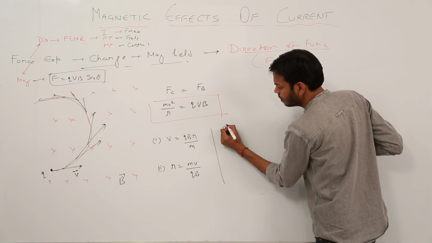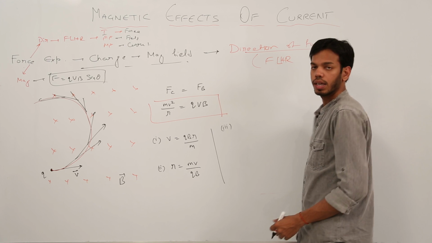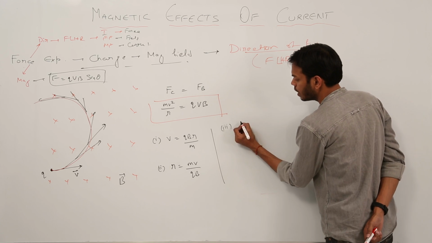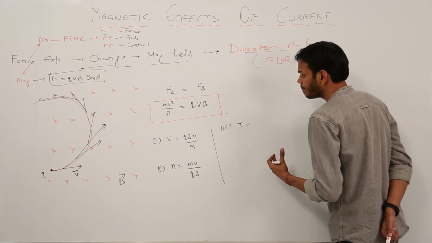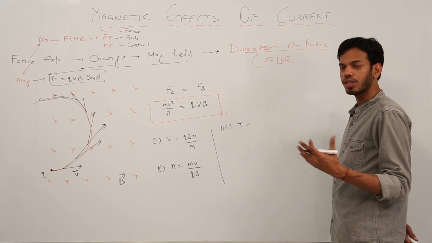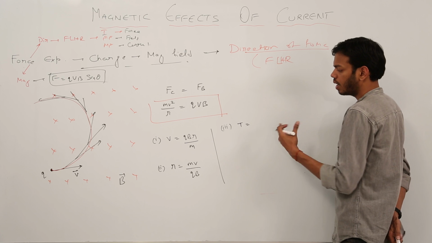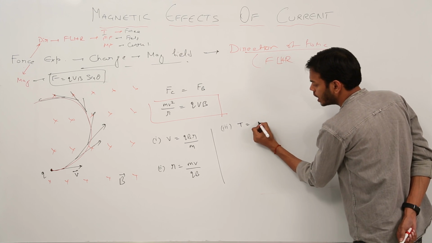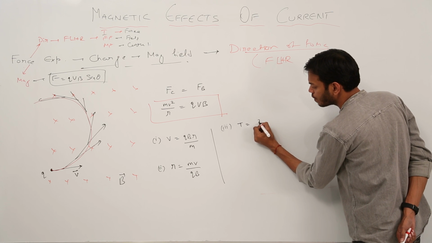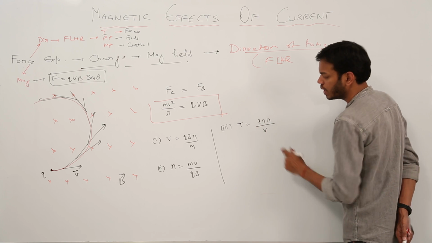Number 3, when you have R, you can find out T. What is time period? Time period is total distance upon total time taken. Sorry, time period is not total distance. Time period is distance upon speed, right? Speed is distance upon time, so time is distance upon speed. Distance is circumference, which is 2 pi r upon speed v.